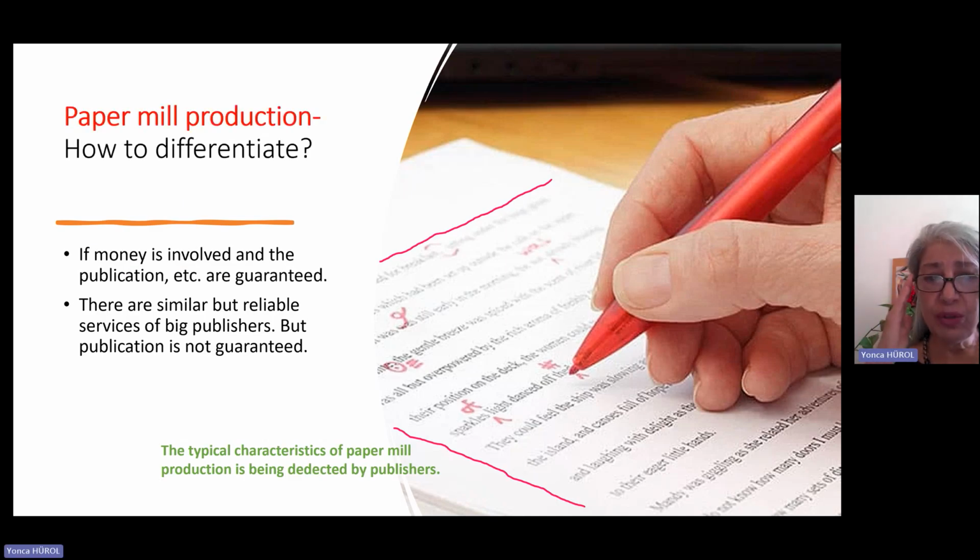Now, one of the most important things is about paper mill production. Sometimes a group of people get organized and they form some course-like programs, and they announce, especially for the young academics, I believe, that they will have quite a few publications with awards very soon, within a short time.